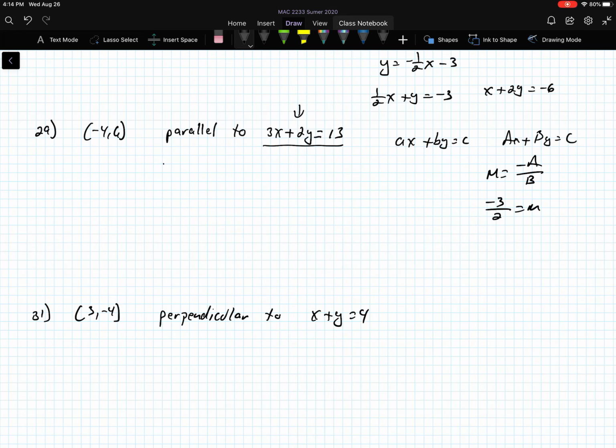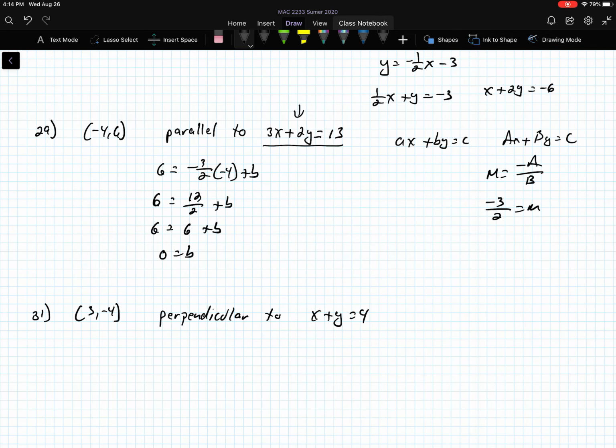So it's parallel. So it's going to be 6 is equal to -3 over 2 times -4 plus b. So this is going to be 12 over 2 plus b, right? So -4 times -3 is a positive 12. And so b is equal to 0, right?